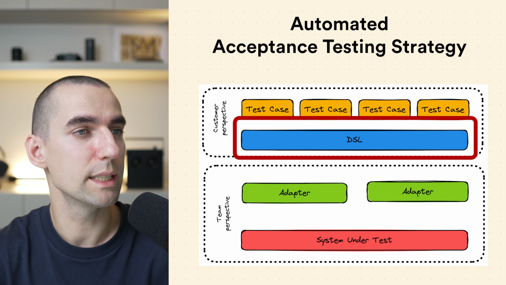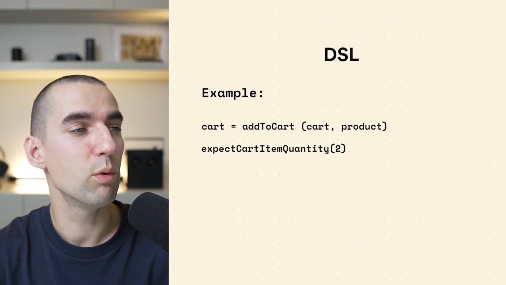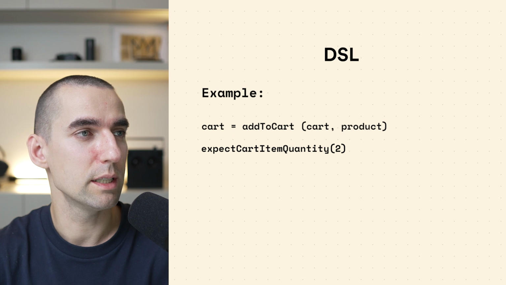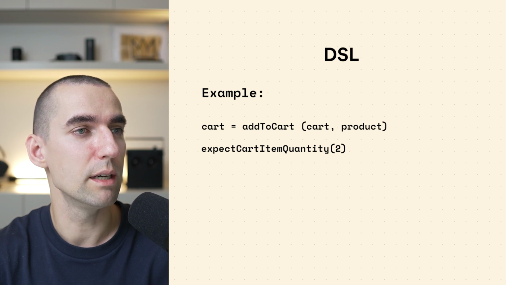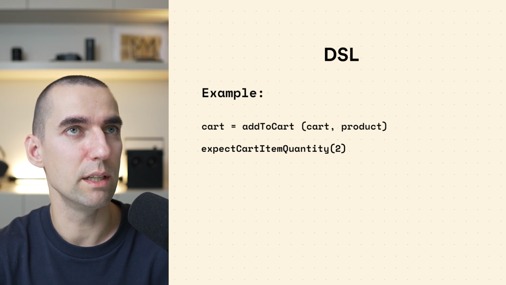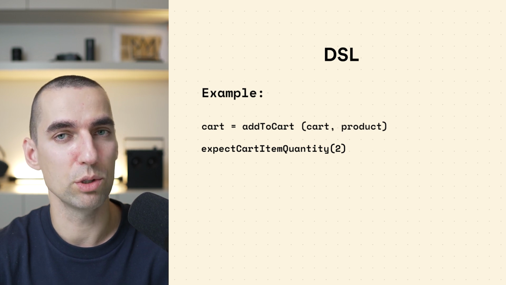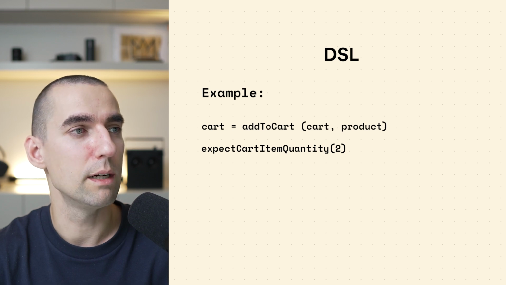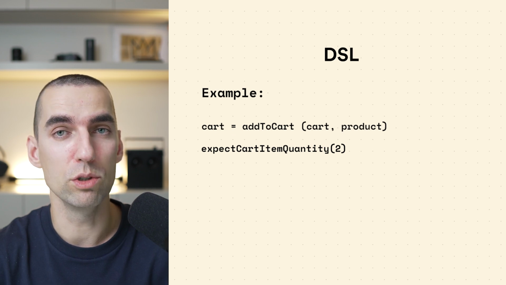So what is DSL? DSL is how we write those test cases. So you could see that in my test case here, I was using a plain, easy to understand language that speaks the language of the business and language of the customer. This is super, super important because it eliminates confusion, right?